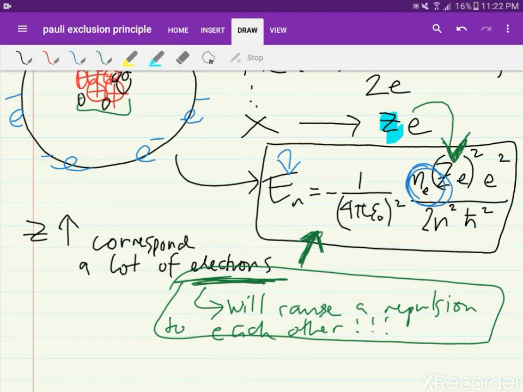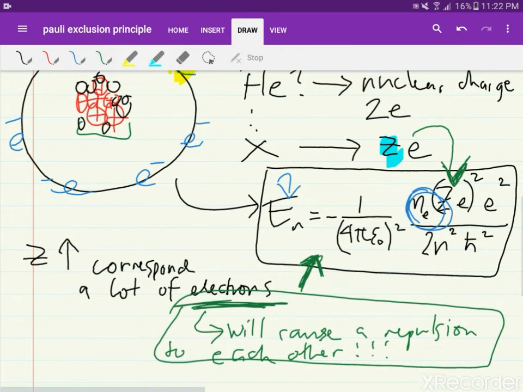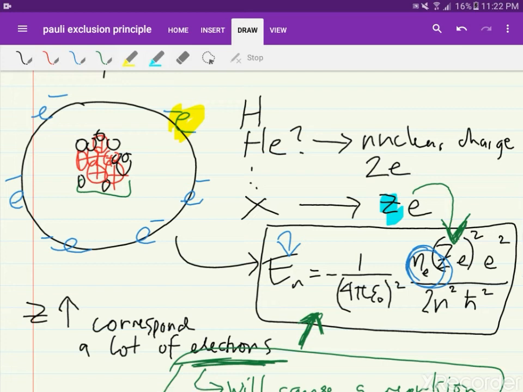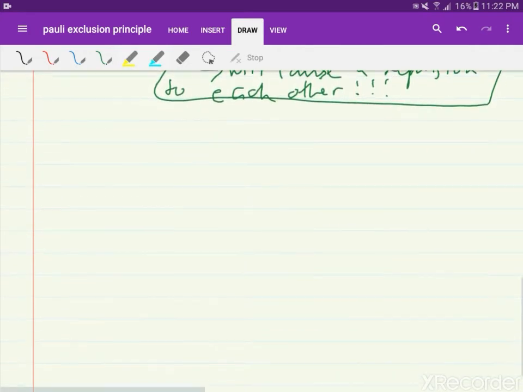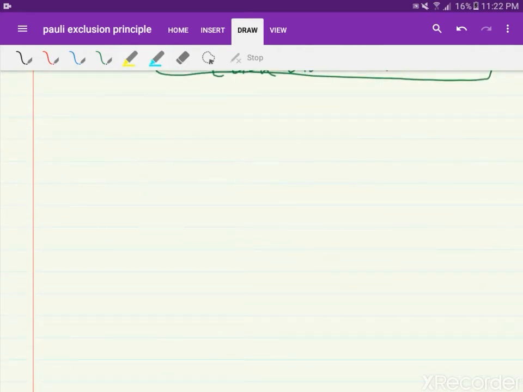So this is one failure of trying to bring the solution of the hydrogen atom to many electron atoms, but this is one way of approaching it. The next approach is the central field approximation.